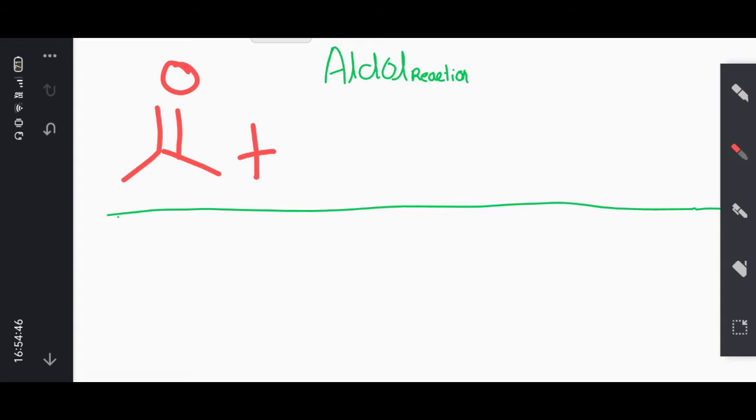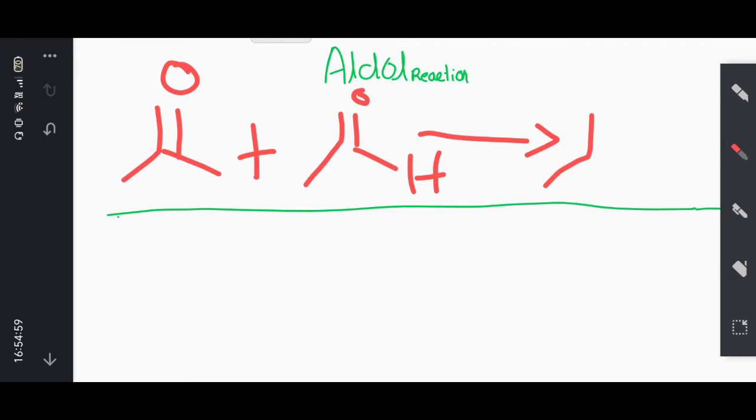I will add it with another aldehyde molecule, and both of them will give a result of an aldol. So this is your aldol.